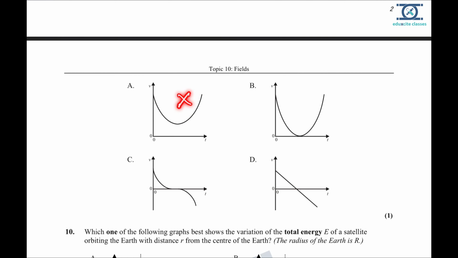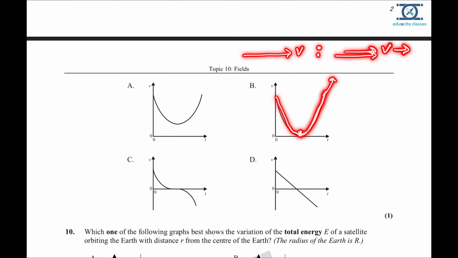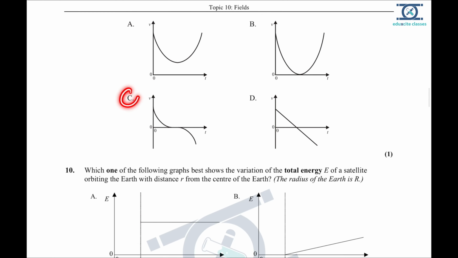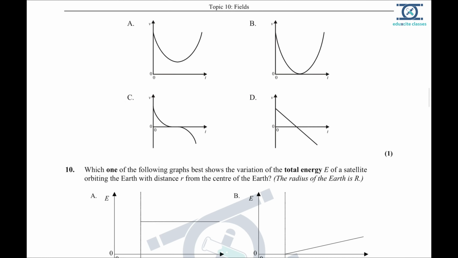This cannot happen because it cannot be positive always, it will be changing its direction. Here it is in the same direction, it is becoming 0, but again it is moving in the same direction. It means the velocity is decreasing, it becomes 0, and again it is traveling with an increasing speed in the same direction. This is also not possible. Now if you look at options C and D, the only difference is the slope. Here you can see this is gradually decreasing, and then in the opposite direction it is increasing. So I think option C is the best option.